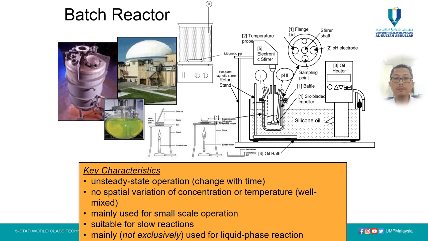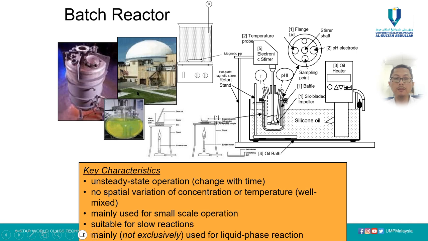In the beginning of this topic for the basic of reactor design, it is mainly used for small scale operation like in the lab, suitable for slow reactions, for example wastewater treatment, and mainly used for, but not exclusively used for liquid phase reaction.